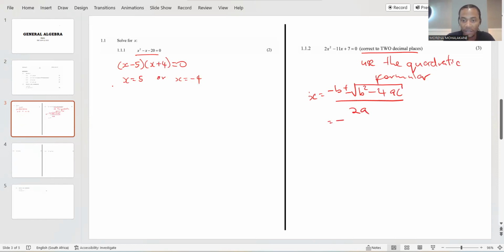Then I have negative 11 plus or minus the square root of negative 11 all squared minus 4 times a, that's 2, and then c is 7. I close this, then this is divided by 2a. So you're going to get your solutions there.